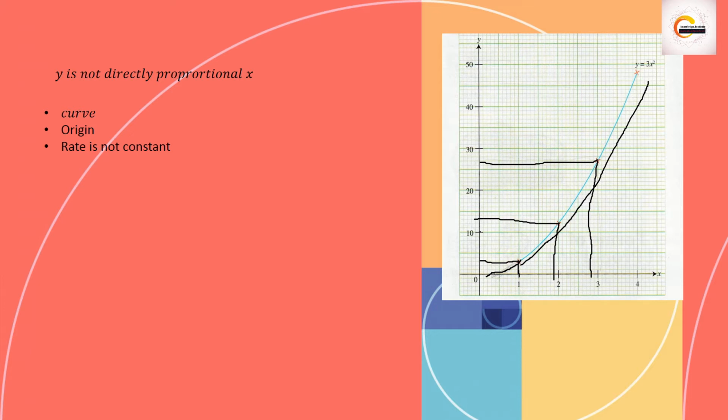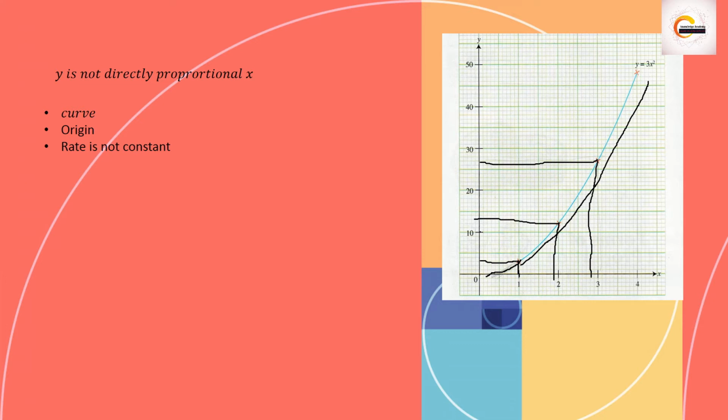See, the rate is not constant, which means that it does not come under our definition of direct proportionality. That is, if y is directly proportional to x, then the graph of y against x is a straight line that passes through the origin.